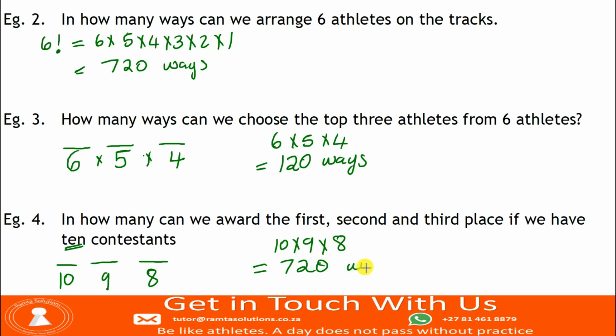So it's 720 ways in which we can award first, second, and third place amongst 10 contestants. I hope this is making sense.